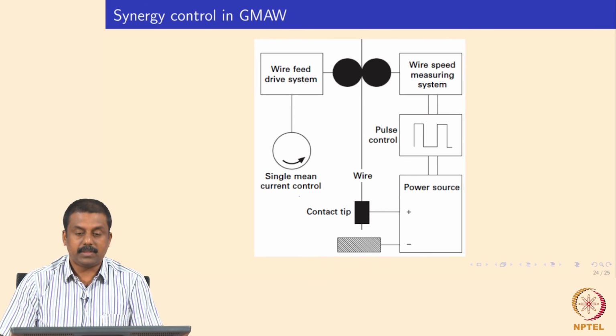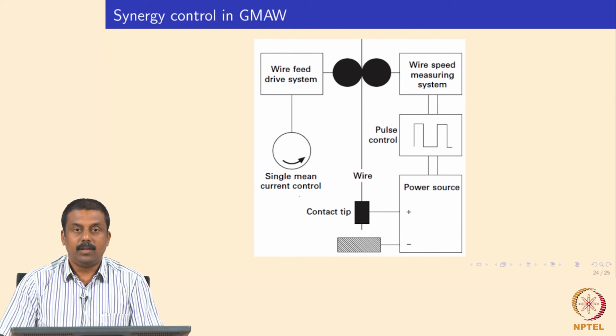We can measure the waveform simultaneously. For example, in the CMT process, cold metal transfer process, the wire feed rate, the voltage and the current should all be synchronized in such a way that whenever the short circuiting happens, the voltage of the system is measured, and the moment we measure the voltage close to 0, we identify the short circuiting event, and simultaneously the current has to be minimized, and then the wire is subsequently retracted.